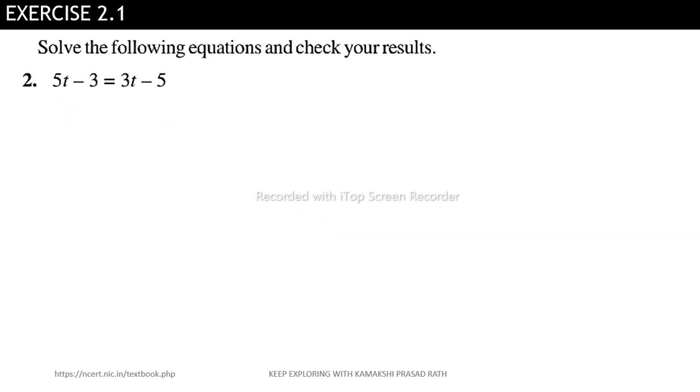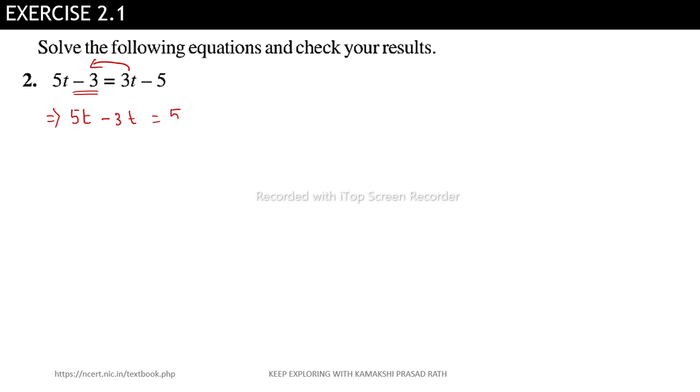Next, the question says 5t minus 3 equals 3t minus 5. The same type. So all the variables to the left side and all the numbers or constants towards the right hand side. So 5t minus 3t, as we know 3t when it shifts to the left side it becomes minus 3t, and here 3 is on the left hand side.